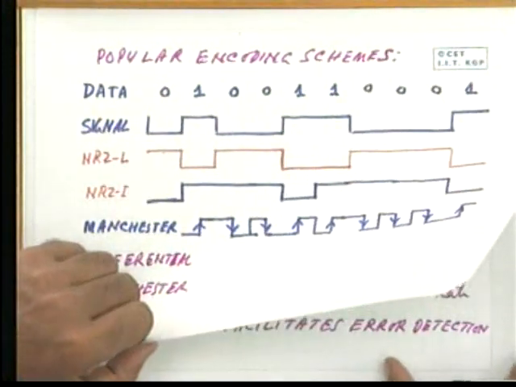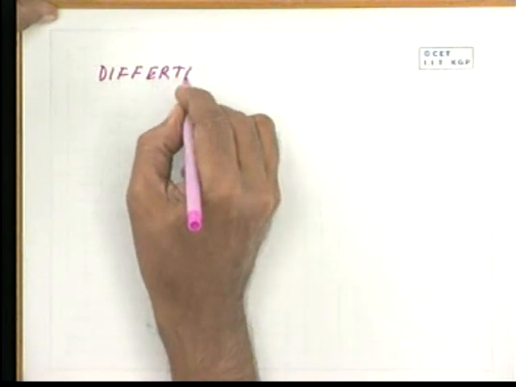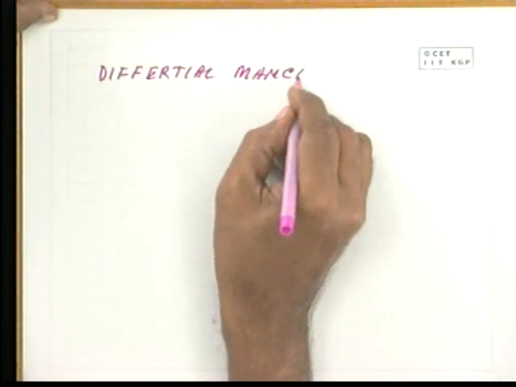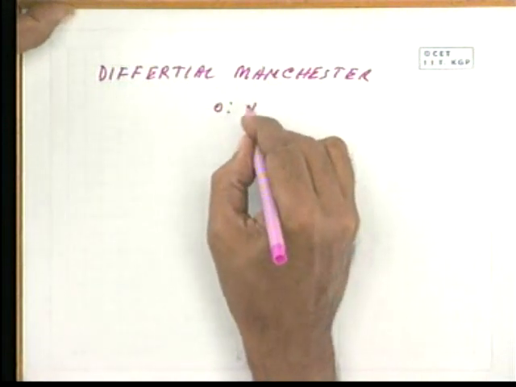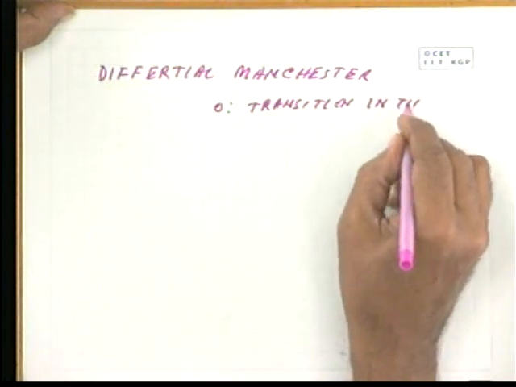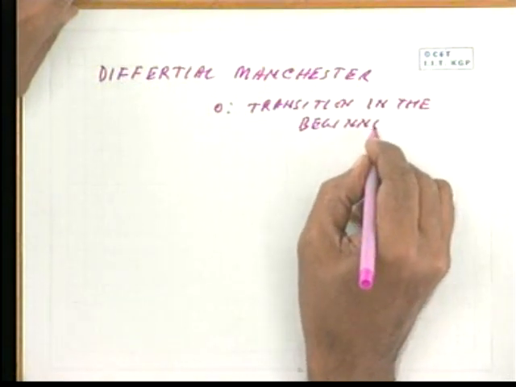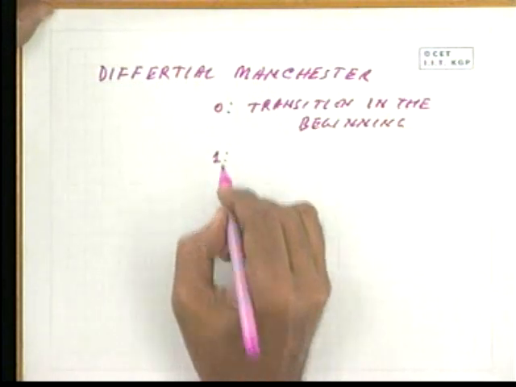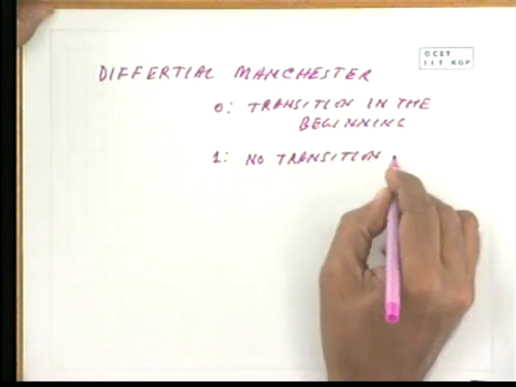In case of differential Manchester, for 0 there is transition in the beginning, and for 1 no transition in the beginning.